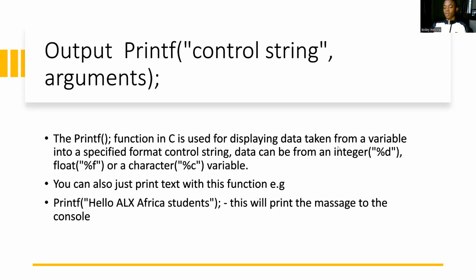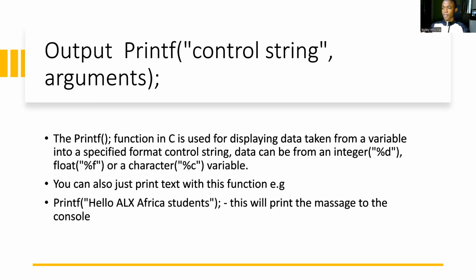Okay, so with the scan, it takes data which doesn't yet exist in the machine, and then it stores it inside of a variable which has been declared. Okay, so the data is unknown at first. It takes it from the user, it stores it inside a variable.